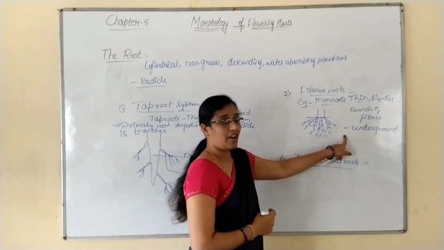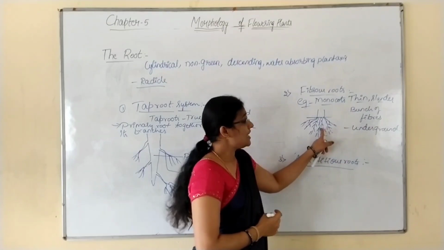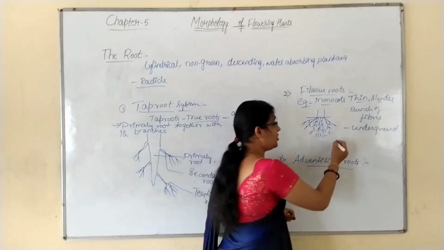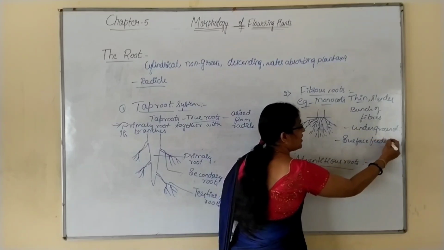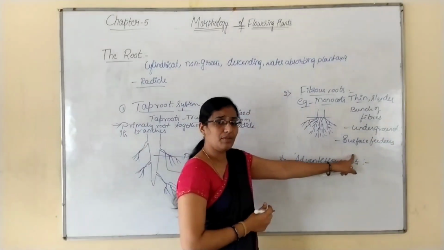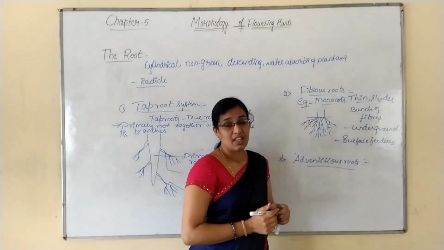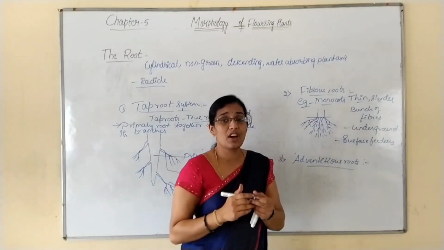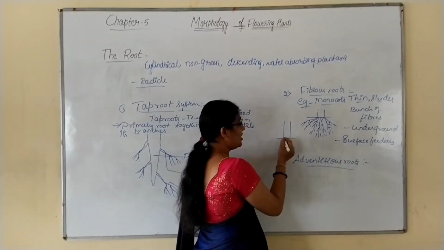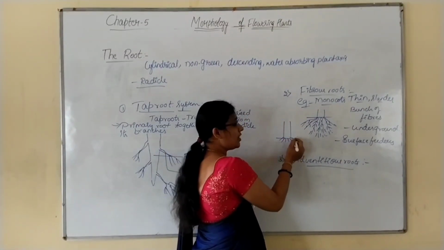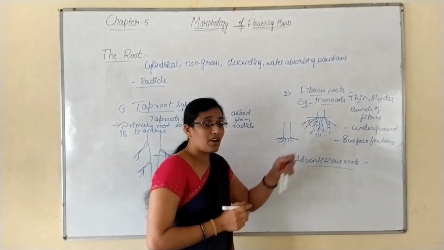And one more thing I would like to add here. These fibrous roots are usually surface feeders. What do you mean by the term surface feeders? Have you ever come across the roots of a coconut tree? See here, this is the coconut tree. You might have seen that the roots will be near the soil itself.